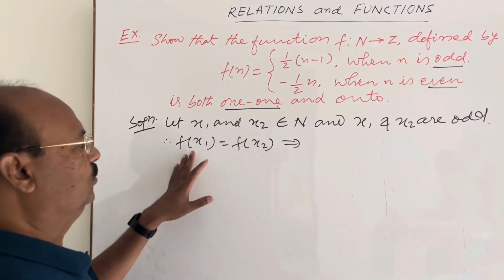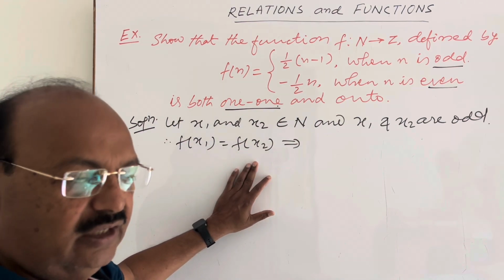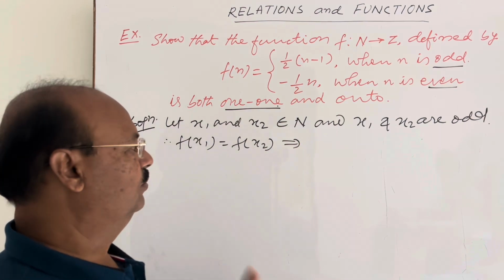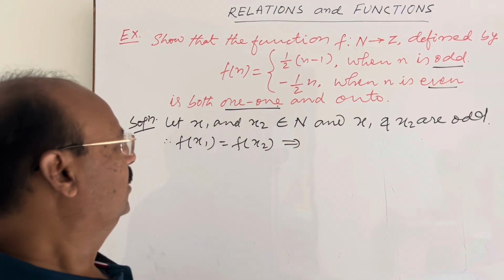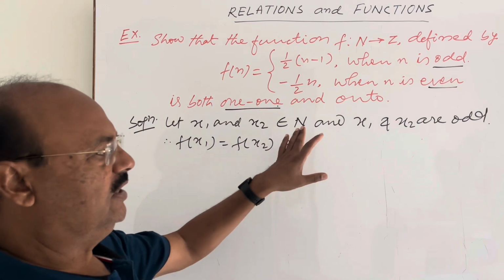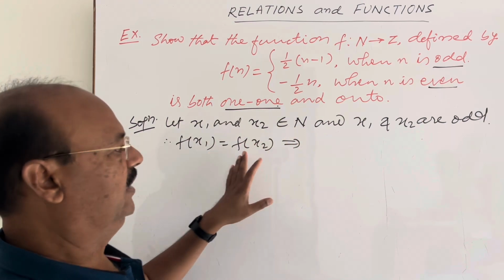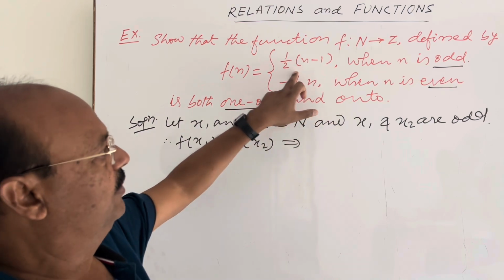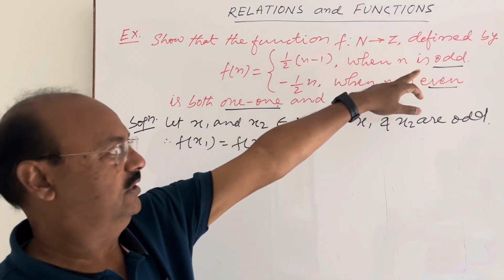If these two images are equal, then we need to show that the pre-images will also be equal. So x1 and x2 are natural numbers as well as odd numbers, so we have to apply the definition of the function for odd natural numbers.